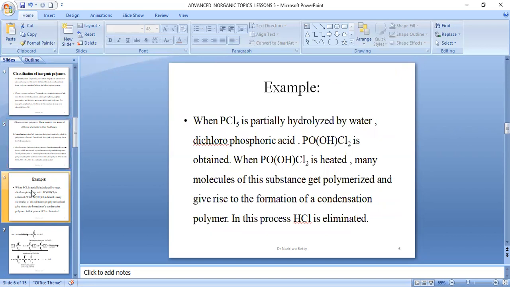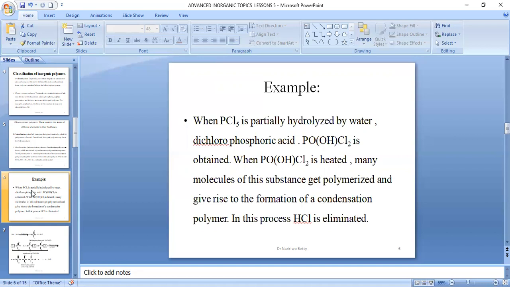Example of condensation polymers: when phosphorus pentachloride is partially hydrolyzed by water, dichlorophosphoric acid is obtained. When this acid is heated, many molecules of this substance get polymerized and give rise to the formation of a condensation polymer.